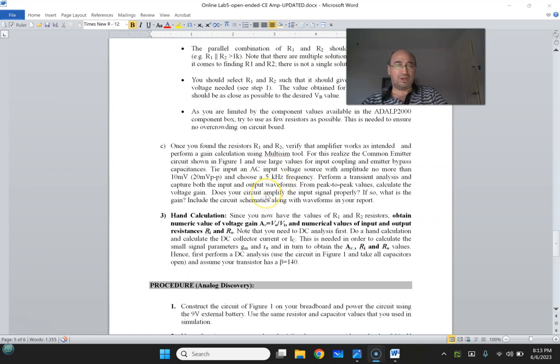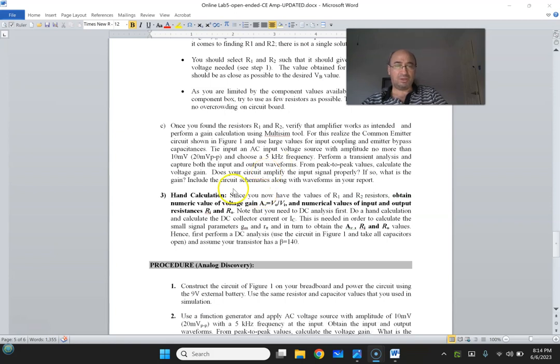Now, before we're heading to the experiment part, we want to do a hand calculation of voltage gain, input resistance, and output resistance. We have R1 and R2 resistors now known, and we are giving you a beta of 140.